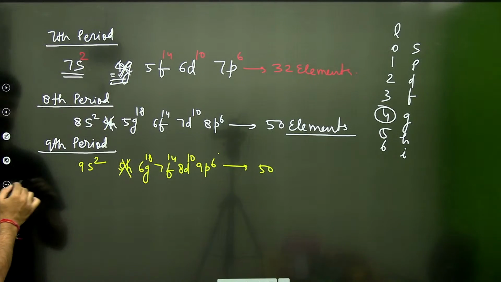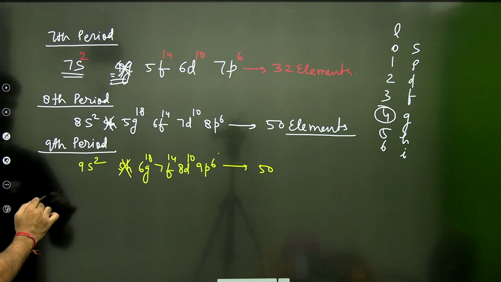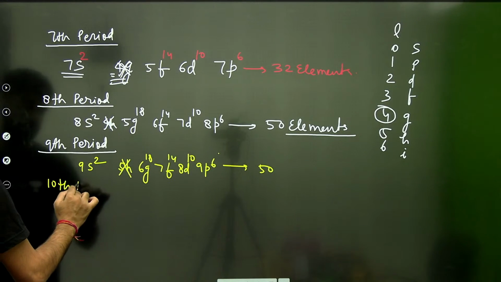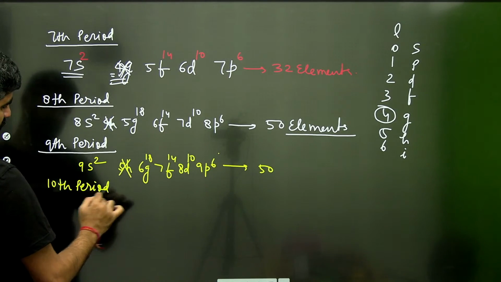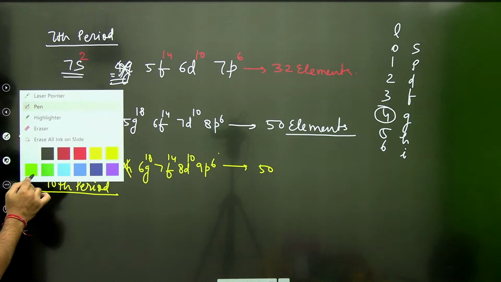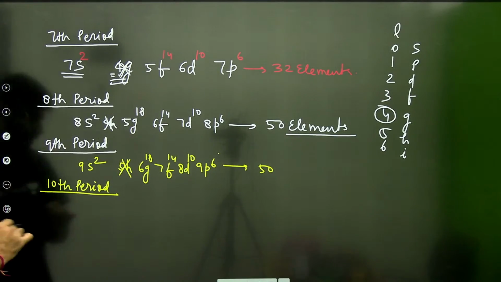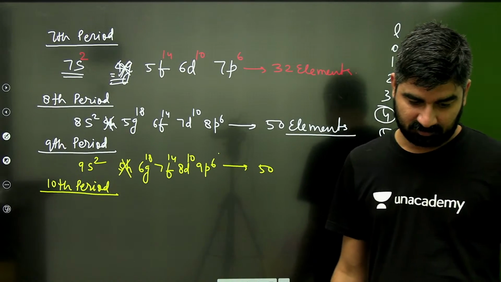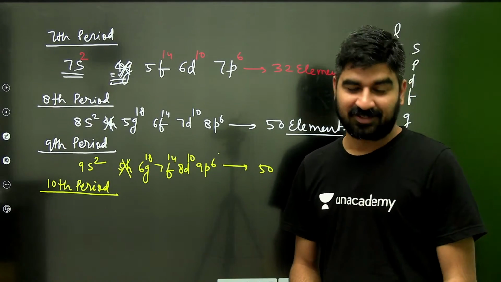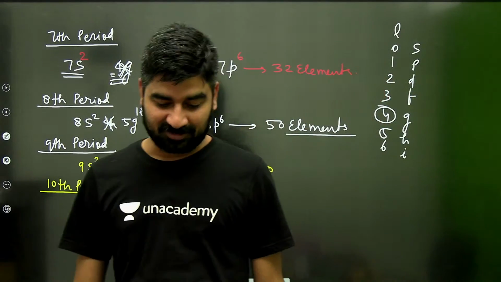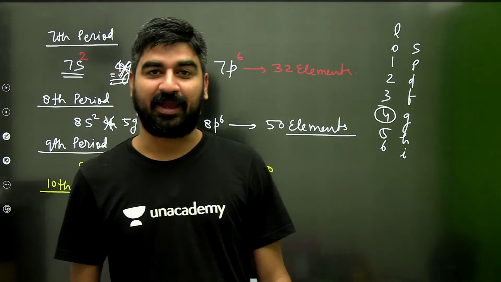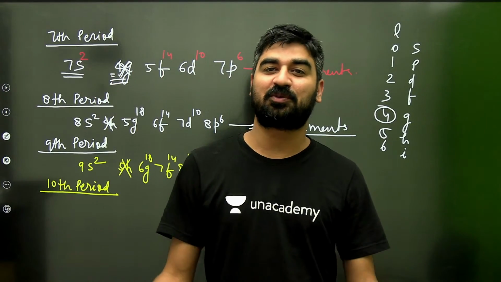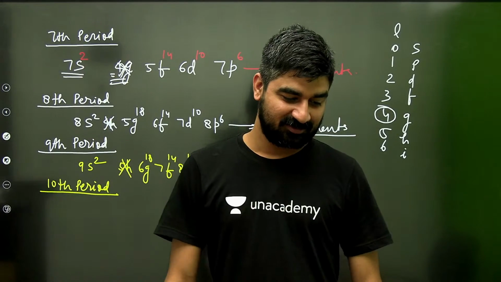Now what about the 10th period, guys, here? Suppose in your periodic table you are having 10 electrons. So how will you do this? We can't say anything because 200 years back no scientist thought that there would be 118 elements.